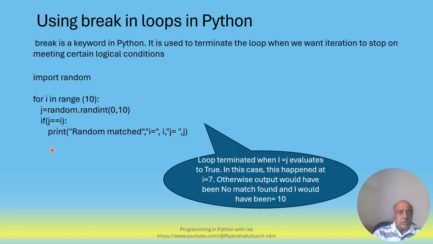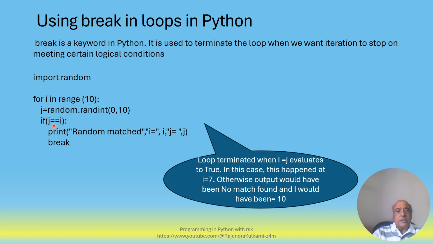We want to terminate the loop. But before termination, we are going to display a message, random matched, with the values of i and j displayed through this print statement. And then we use the keyword break.